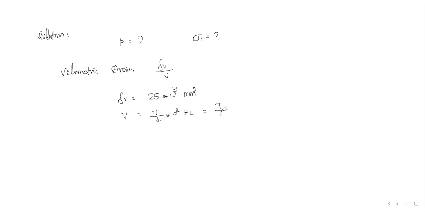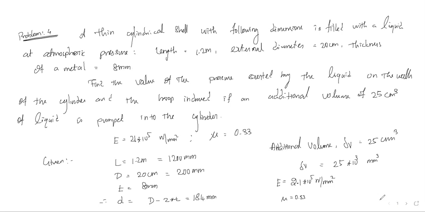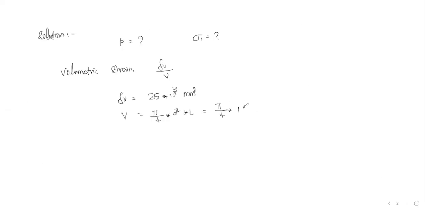So pi by 4 into d, whose value is 184 mm, and L is equal to 1200 mm.